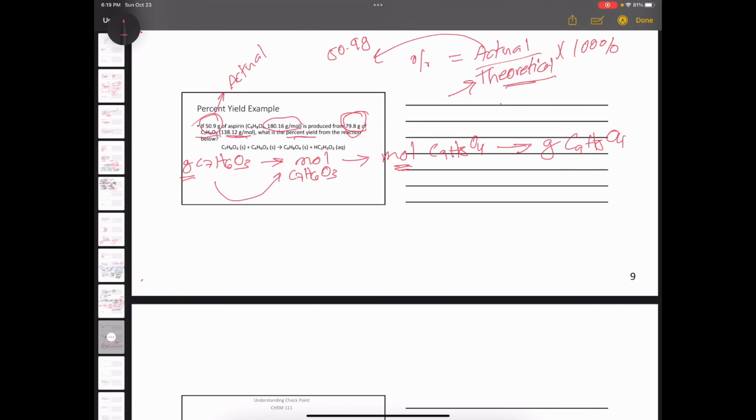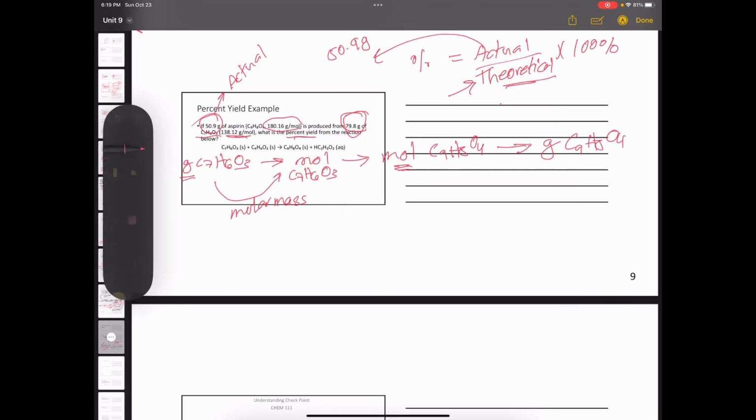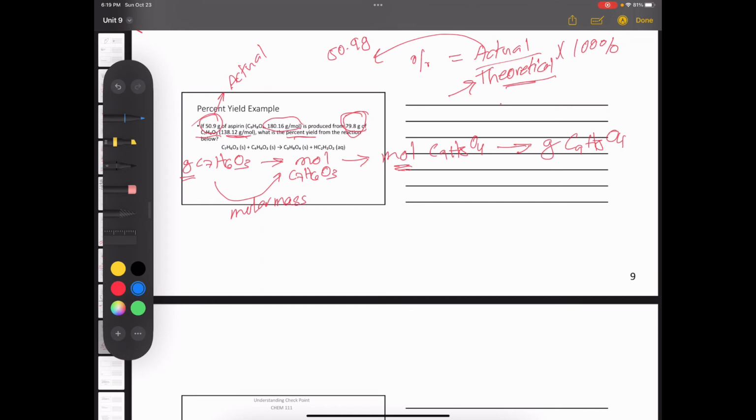Gram to mole is calculated through the use of the molar mass. So if I know the molar mass for salicylic acid, I should be able to convert the grams into moles. Converting from moles of salicylic acid into moles of aspirin is the part that's a tiny bit tricky, because that one should come from the stoichiometric balance of our chemical equation. If I look at the salicylic acid and the aspirin on my products, we can see it is a 1-to-1 ratio.